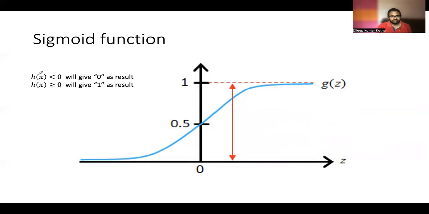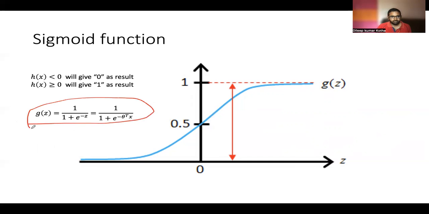If the input is less than 0, it will give 0 as a result; if the input is greater than or equal to 0, it will give 1, because any output value greater than 0.5 we take as 1 and any value less than 0.5 we take as 0. So for binary classification, we do it like that. This is the function: whatever input we get, we calculate 1 divided by 1 plus e to the power of minus that input to get the output. This is the sigmoid function.